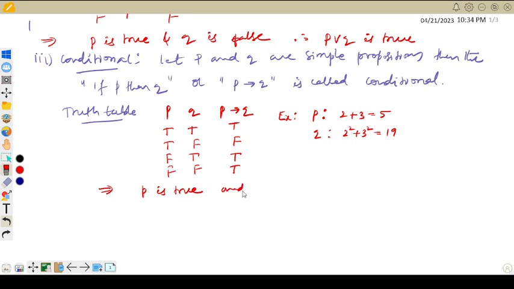And what about Q? 2 square is 4 plus 3 square is 9, which is 13.